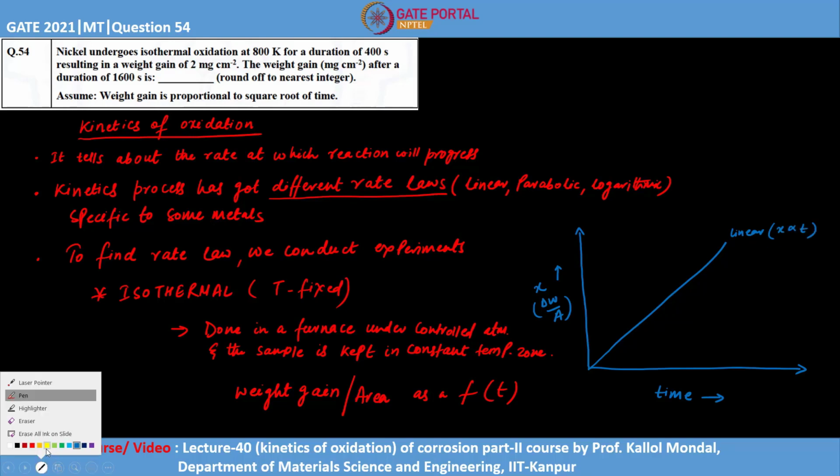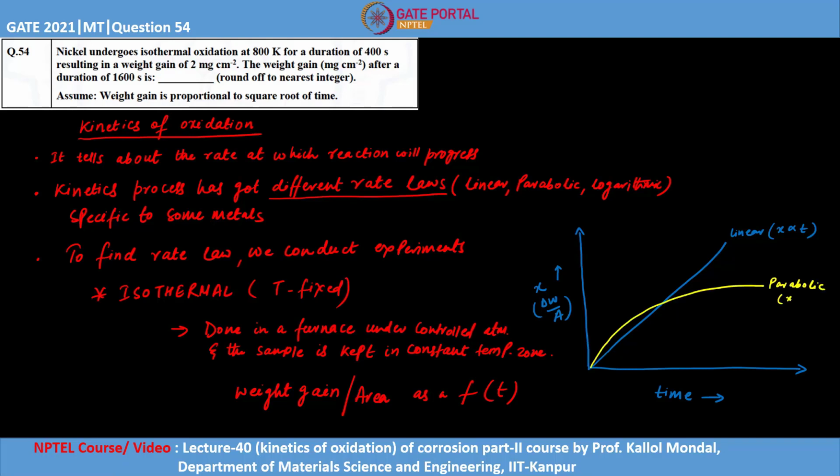In other case, it can be parabolic, so here x square will be proportional to time, and in other case it can have a logarithmic nature. X is proportional to log t plus b, like that.